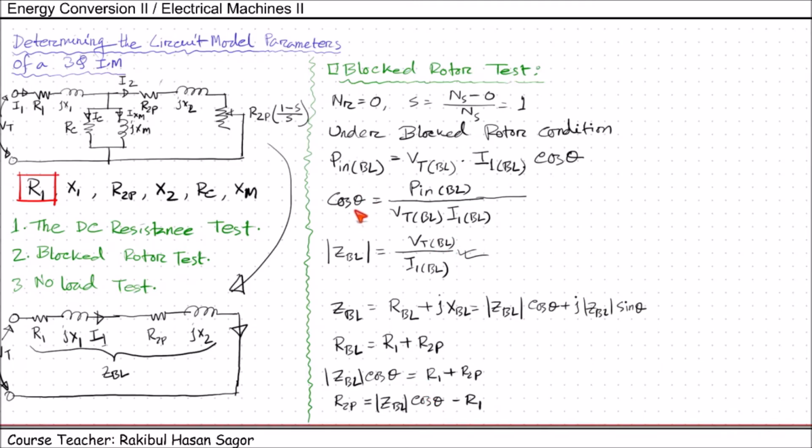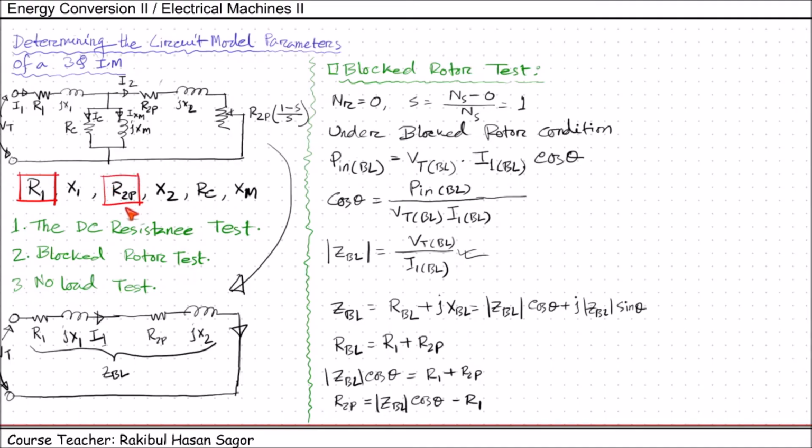Eventually we can figure out the value of theta as well, so we can find the value of sin theta as well. We know these values, and also from the previous DC test we know the value of R1. So once we know all these values, we can figure out the value of R2'. So by employing these equations under the blocked rotor test, we can get the value of R2'.